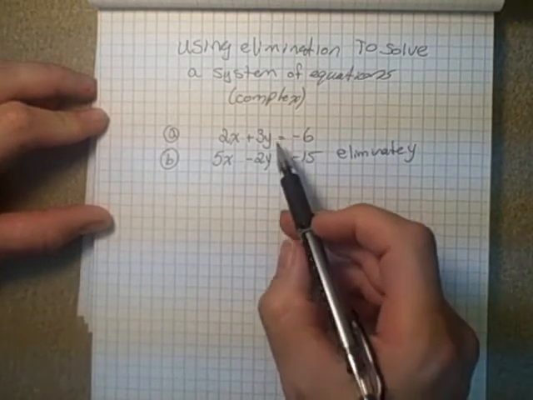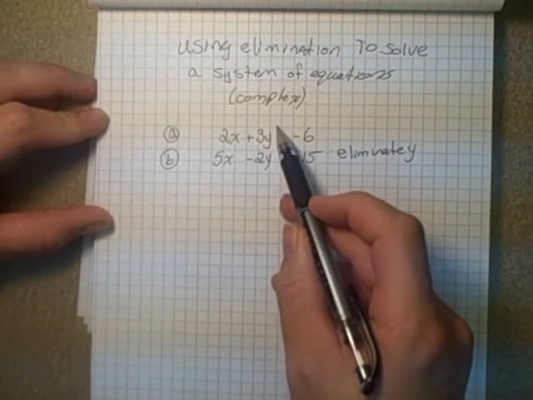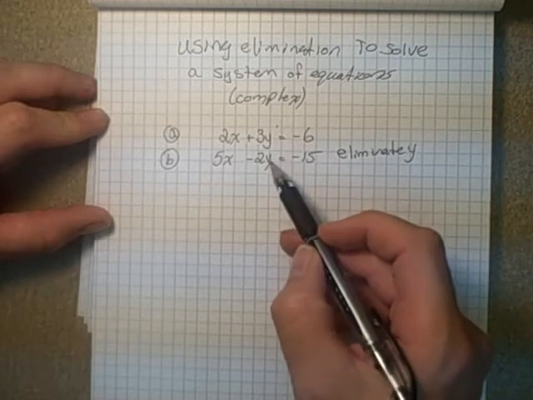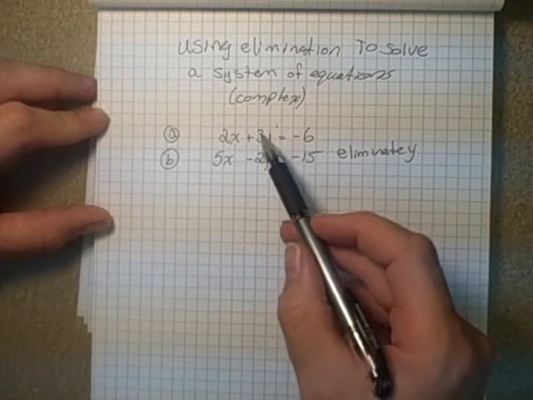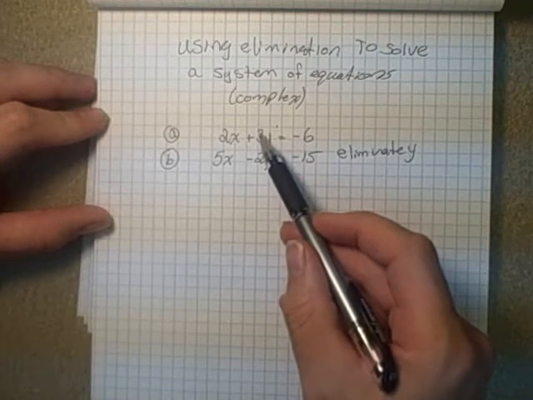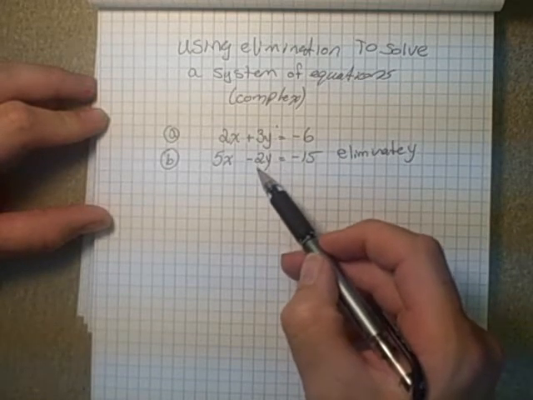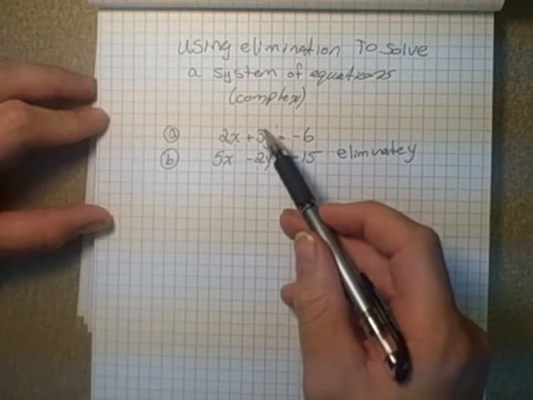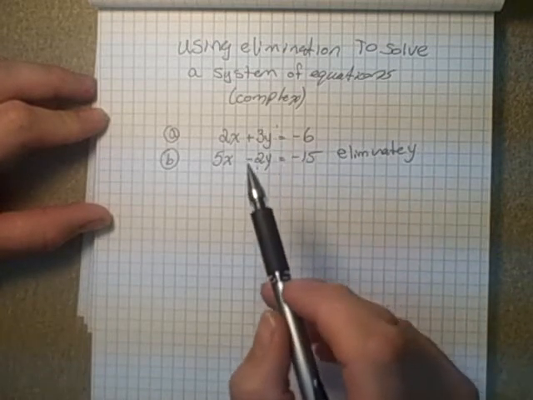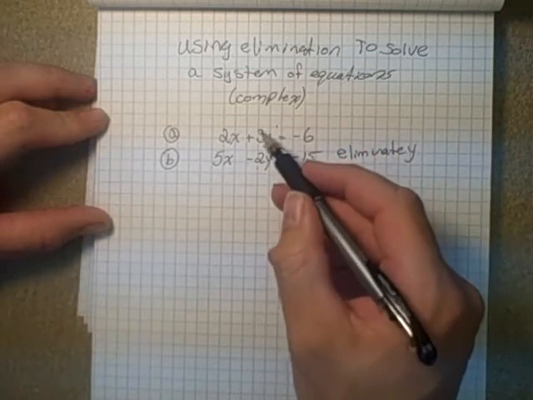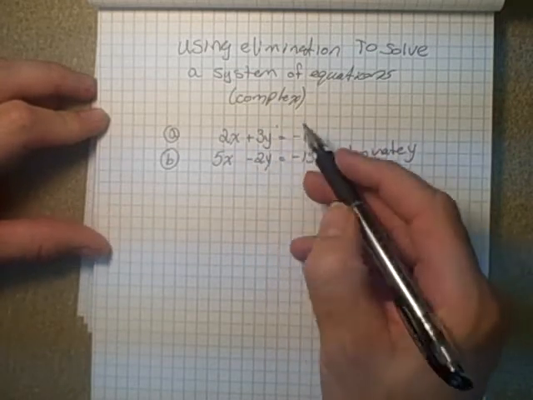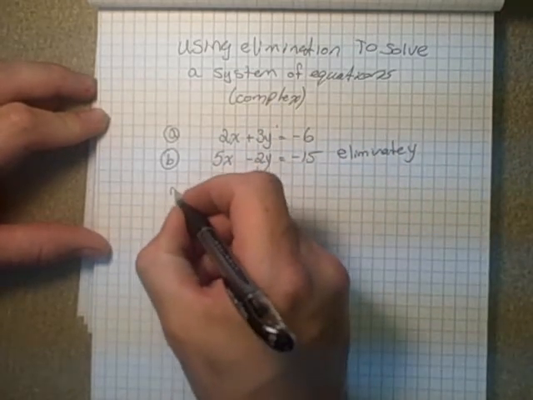So what do I have to multiply by in this equation, A, and this equation, B, to make the y's the same number? Well, basically, you take the 3 from this equation, multiply it over here, and take the 2 from this equation, multiply it over here. Just make sure that you don't use the signs, so that you keep them both positive so that the signs will stay opposite.